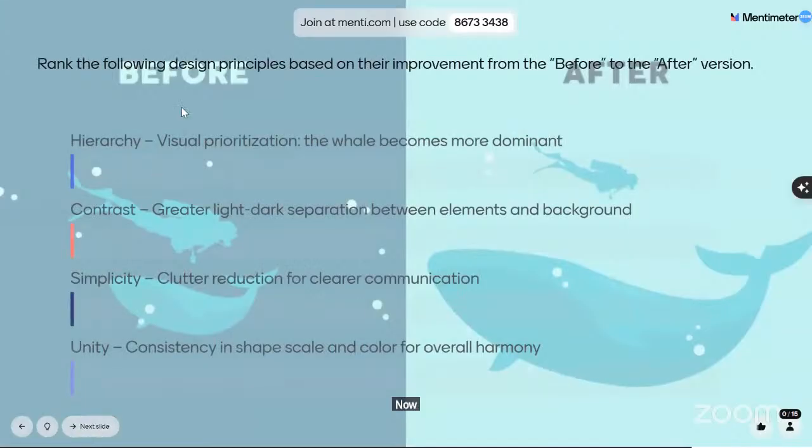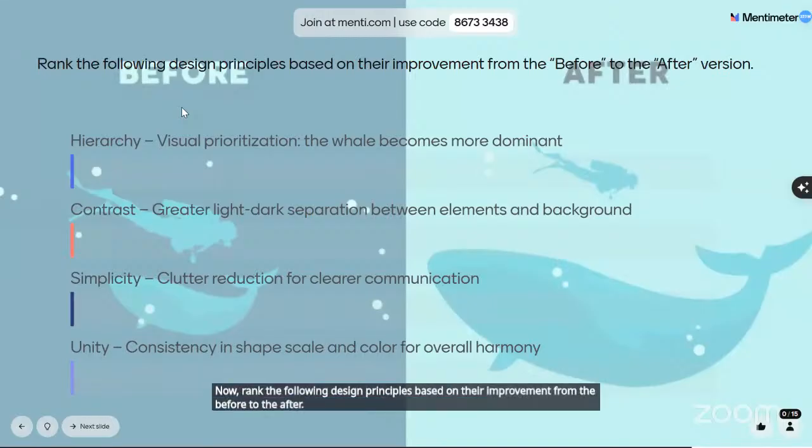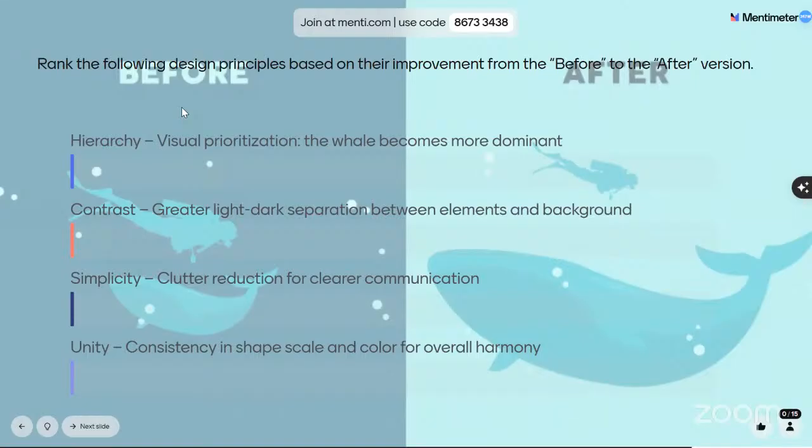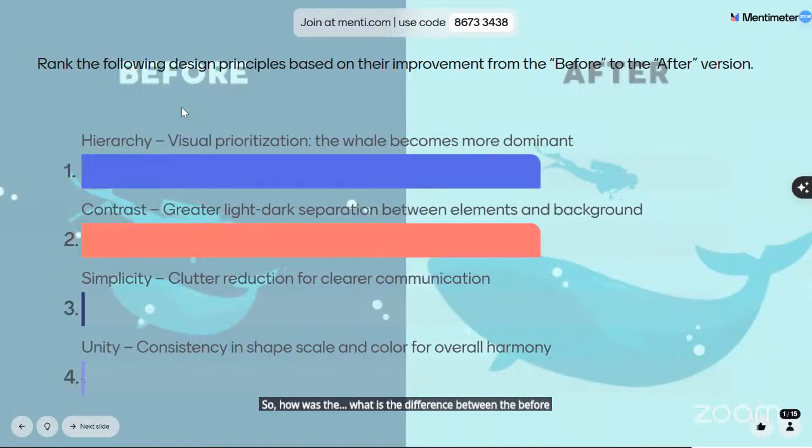So your understanding is correct. Now rank the following design principles based on their improvement from the before to the after. So what is the difference between the before and after? Rank them.